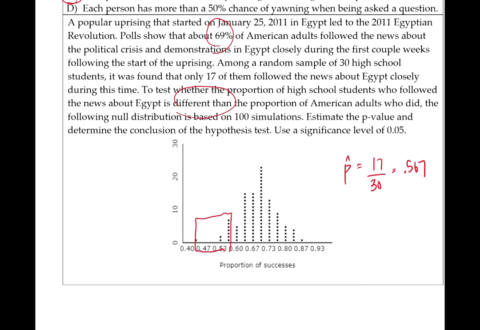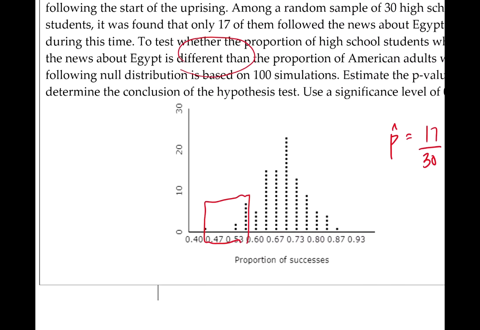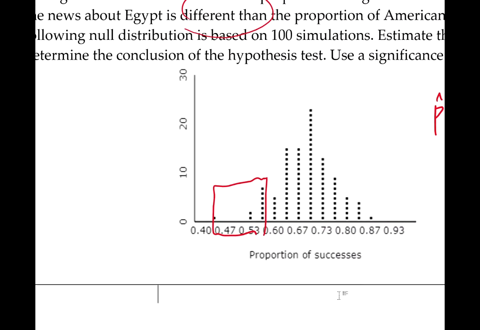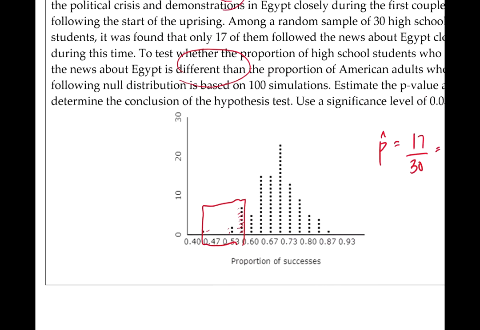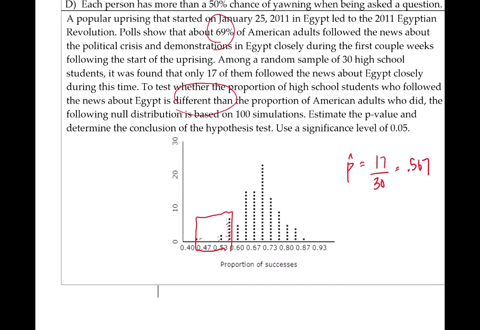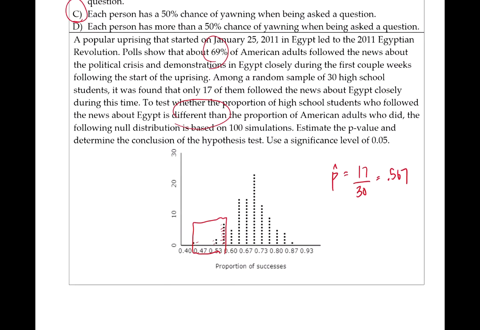Let me make this a little bit bigger so that we can count the dots that we see. There's one dot, and then two more here, so we're up to 3, 4, 5, 6, 7, 8, 9, 10. So in those three stacks that are our sample results, or further in the left tail, we have 10 out of 100.